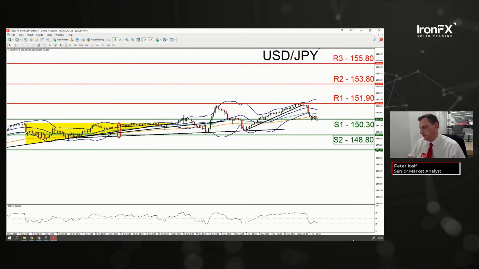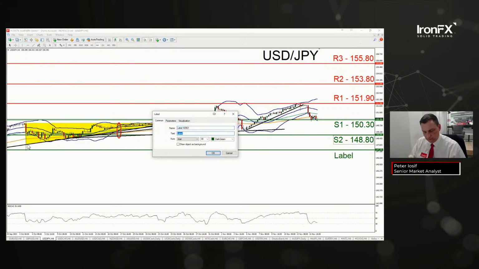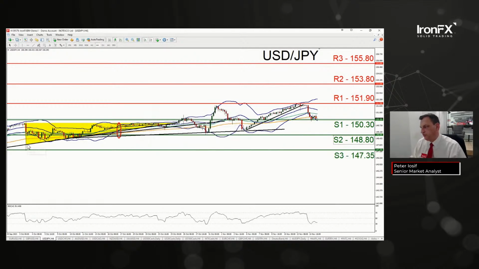And the S3 at 147.35. So for the time being, we tend to maintain a bias for the sideways motion of USD JPY to continue, possibly between the R1 and the S1 150.30.